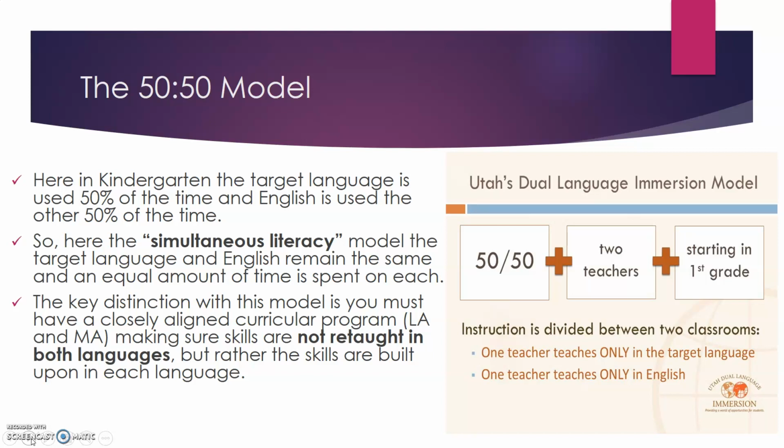The key distinction with this model is you must have a closely aligned curricular program in language arts and in math, making sure that the skills are not retaught in both languages, but rather these skills are built upon in each language. So here we just want to make sure that when they are teaching, that you do not repeat too much, that you build on top of the other one.